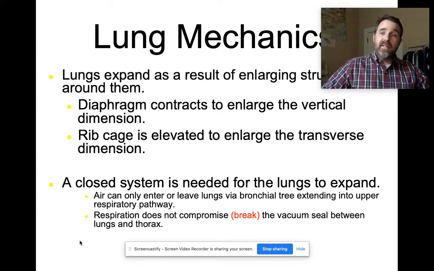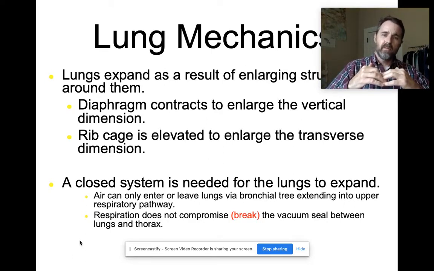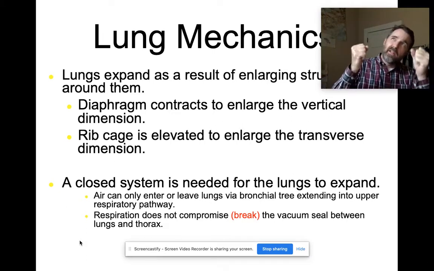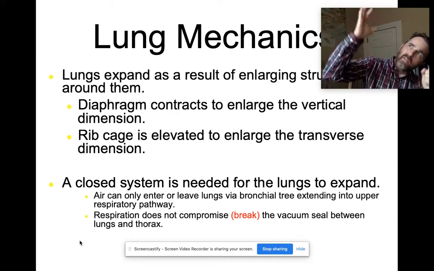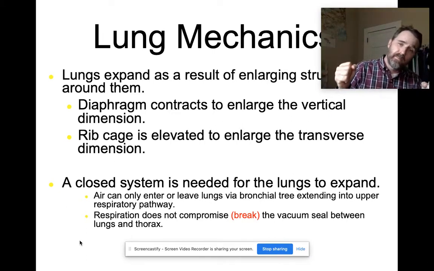As you do that, as I take a deep breath, the diaphragm, which is the muscle that my lungs are sitting on, it's under my lungs. We're going to talk about the diaphragm in detail here in a little while. But when I expand my thorax for inspiration, the diaphragm contracts and pulls down, and it's pulling down on the bottom of the lungs.